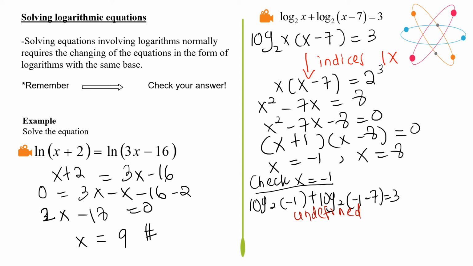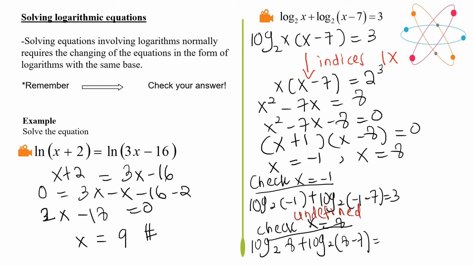Next, we check for x equals 8. Substitute into the question. Change log 8 base 2 to log 2 power of 3 base 2, plus log of 8 minus 7.